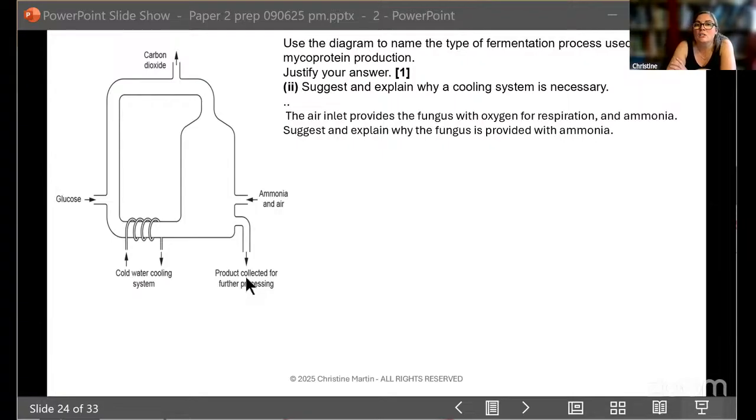And then suggest and explain why a cooling system is necessary. Chemical reactions results in thermal energy being released, and that will then heat things up, which could affect the enzymes. And then the air inlet provides the fungus with oxygen for respiration. Ammonia. Suggest and explain why the fungus is provided with ammonia, and that is, as we said, to do with the proteins, nitrogenous compounds, etc.